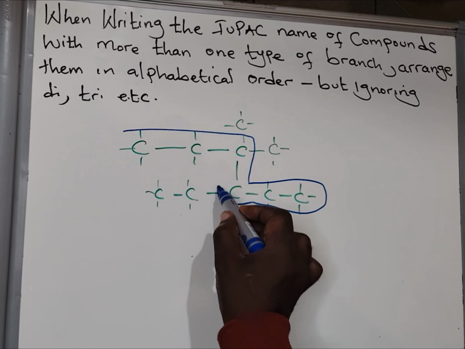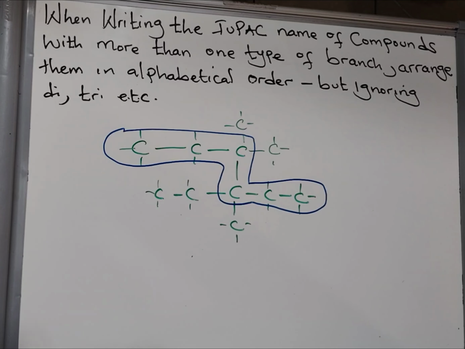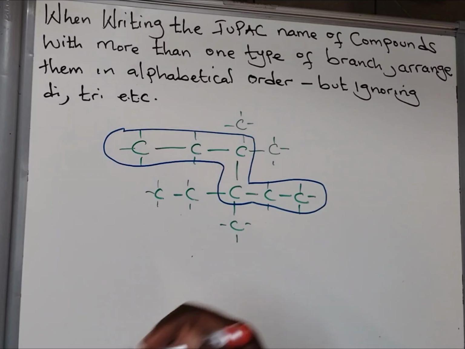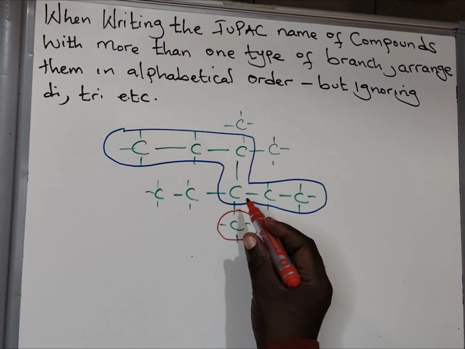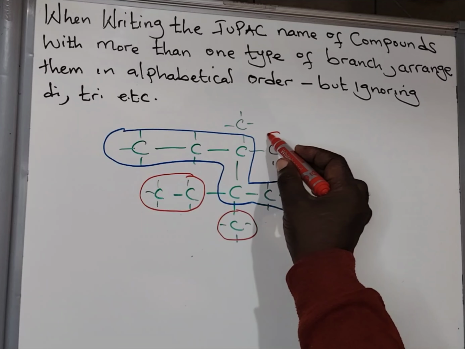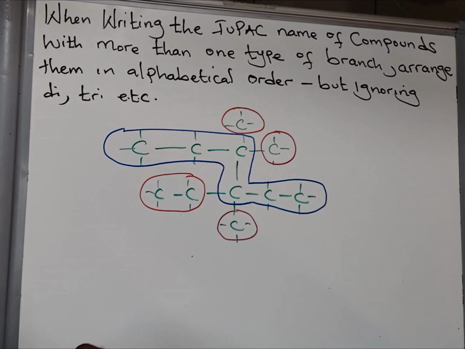In examination, it's better you do that with a pencil. And after doing that, you have to know that whatever is not part of the longest chain is a branch. So you have these branches. This is 1, this is 2, this is 3, this is 4.